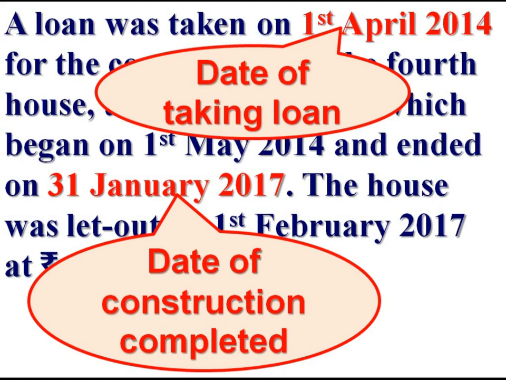We know the interest up to the previous year in which construction was completed. It is interest prior to construction. The construction was completed in January 2017, that is previous year 2016-17. The interest before the previous year 2016-17 is the interest prior to construction.